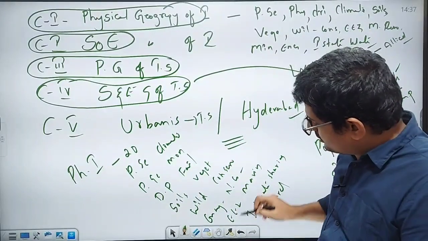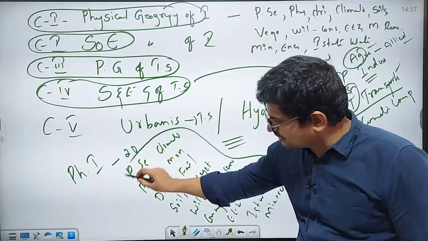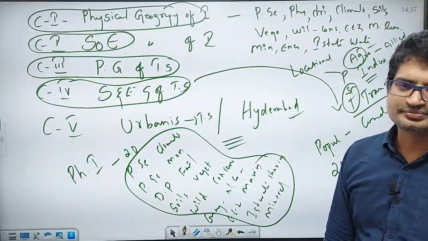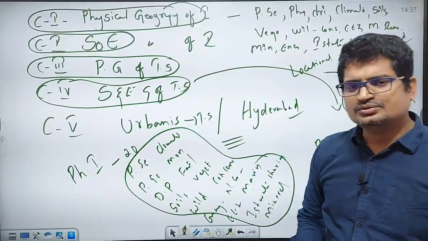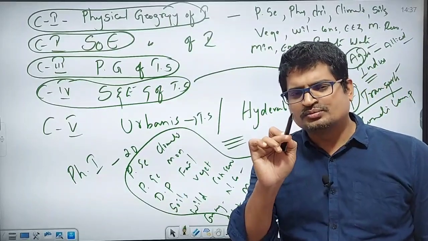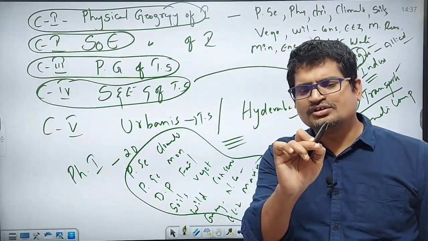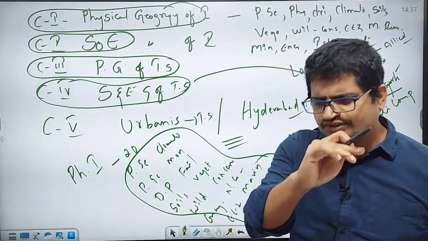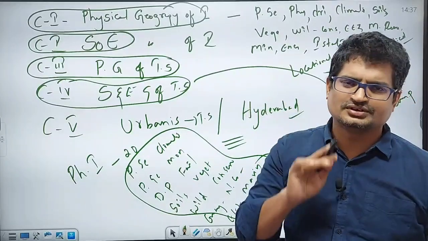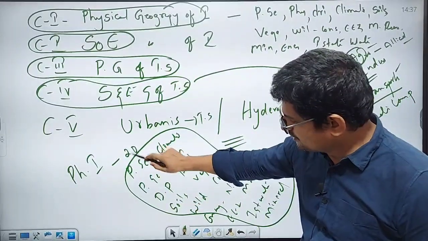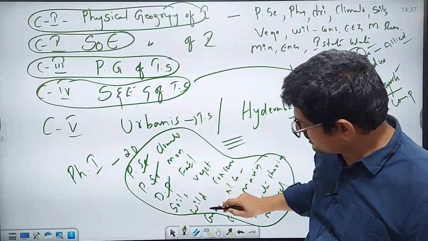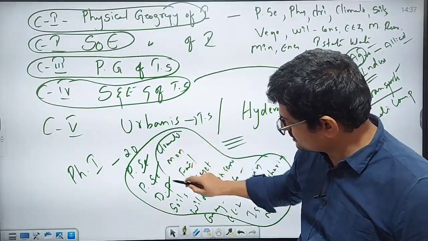For example, there are 20 to 25 topics under chapter 1 of our geography syllabus. I bet there are 3 to 4 topics that are most important. Other than those topics, at least no question is going to be asked under chapter 1. For example, physical setting, physiography, drainage pattern and climate.